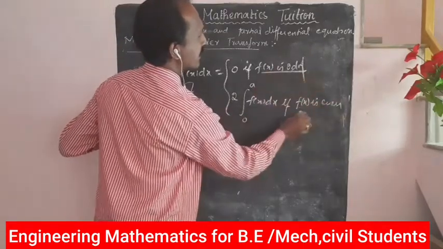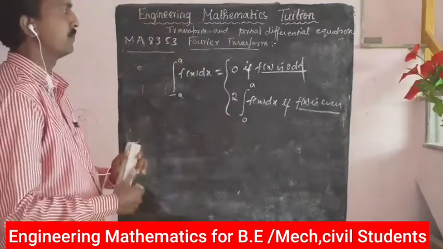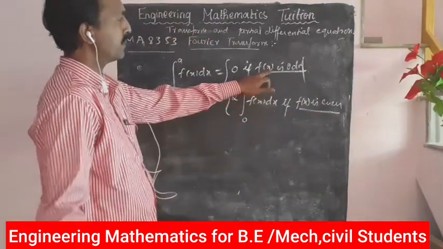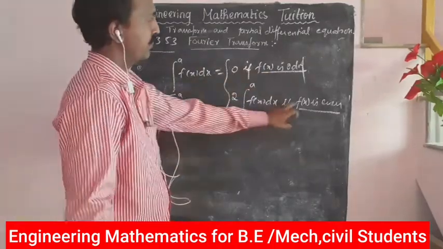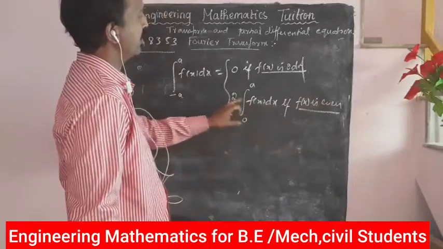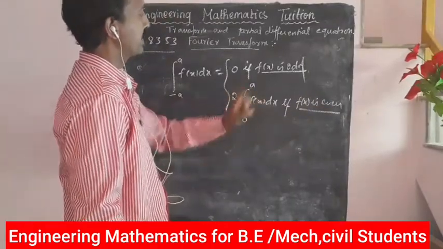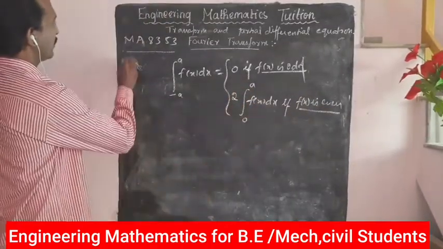So if the integrand is odd, the value of this integral is 0. If f of x is even, the value of the integral is 2 into integral of 0 to a f of x dx. This is the second topic.